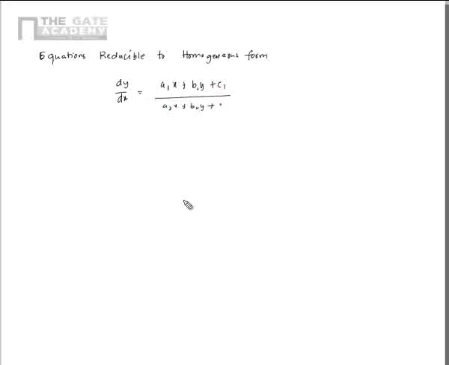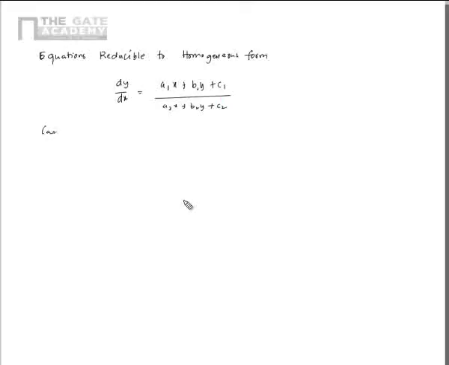So now let's see equations which can be reducible to homogeneous form. So if you have, say, dy by dx equals a1x plus b1y plus c1 over a2x plus b2y plus c2, here you have two cases.